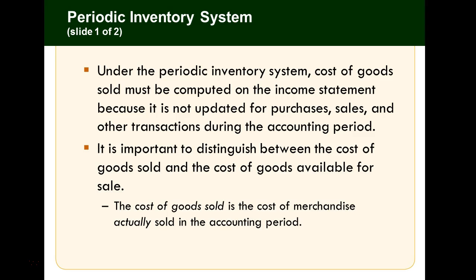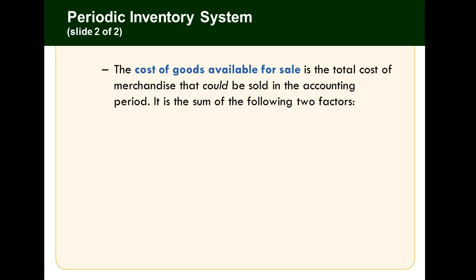Cost of goods sold are the items that we've actually sold. Cost of goods available for sale are those items sitting in inventory, okay? So cost of goods available for sale is the total cost of merchandise that could be sold during the accounting period.